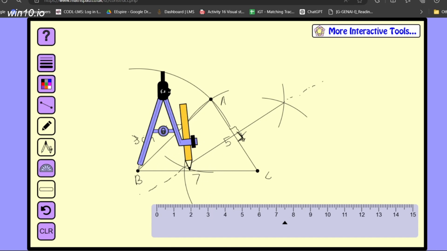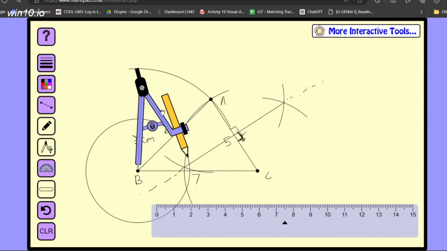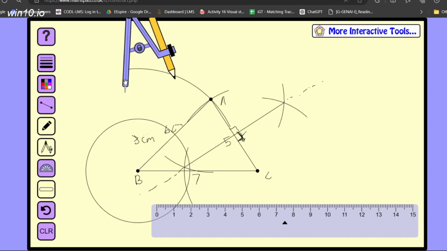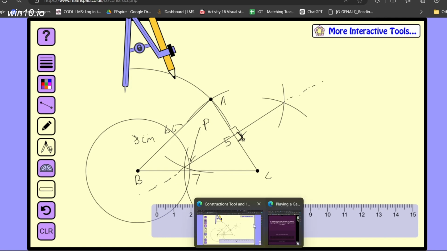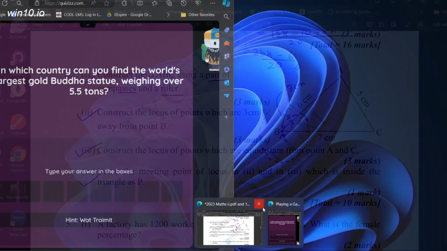Okay, put the middle here. Draw it. And you can see this is the point there. Say this is the P point. Two locuses intersect here. That's the point they are interested in inside the triangle. Okay, this part also we have done.